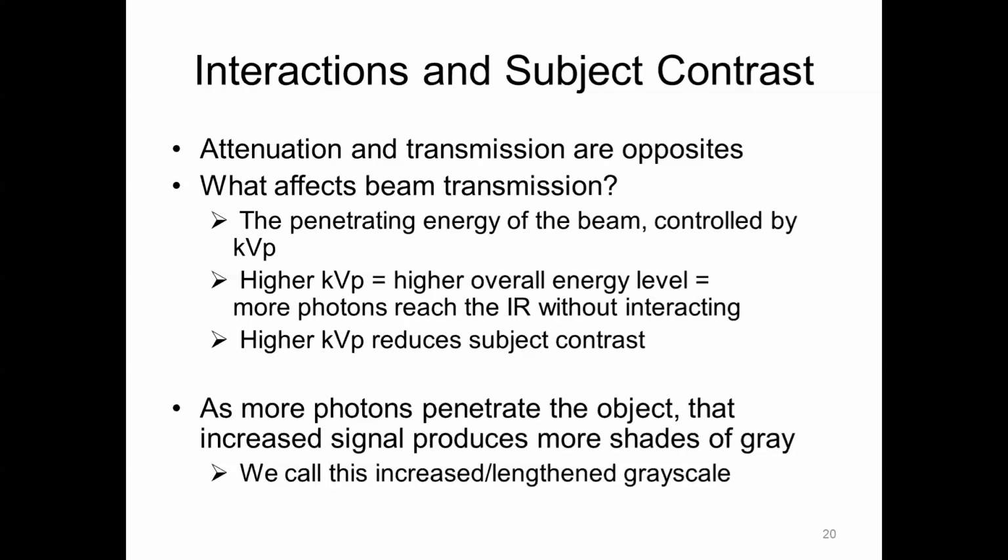But if you increase the kVp, you're giving the overall beam more energy. So we're increasing the chances that the photons are going to pass through your patient and reach the image receptor without interacting with any atoms. No electron strikes, no scatter. It's just going straight through.